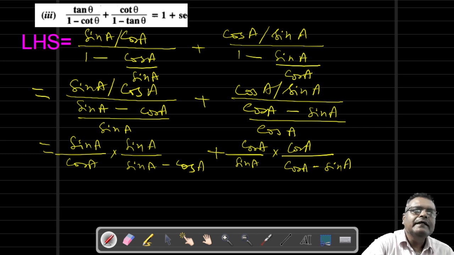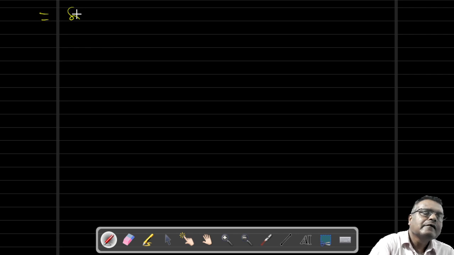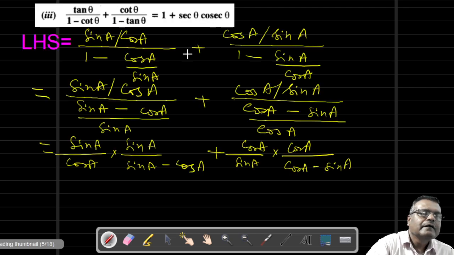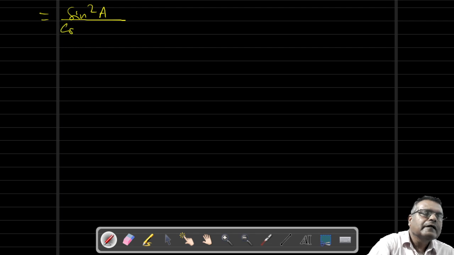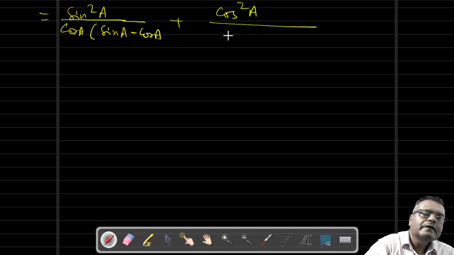So you are getting sin square A divided by cos A into (sin A minus cos A), plus cos square A divided by sin A into (cos A minus sin A).